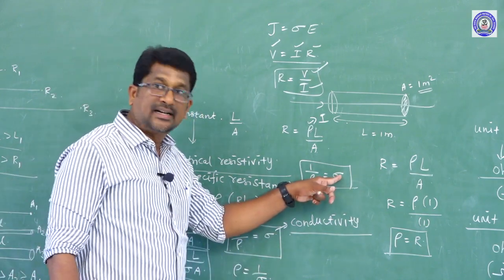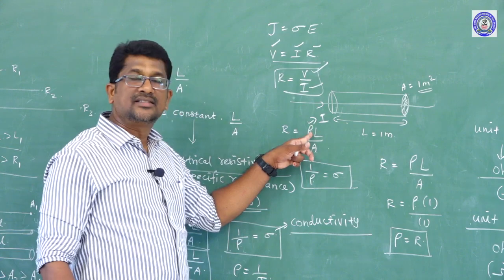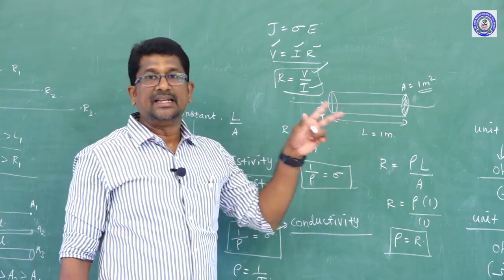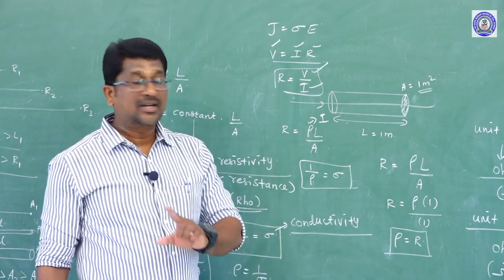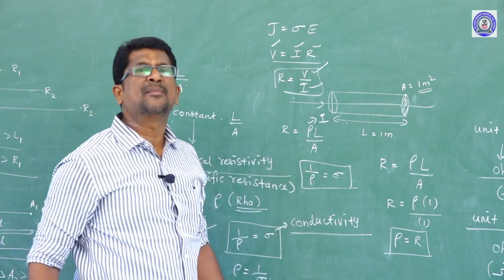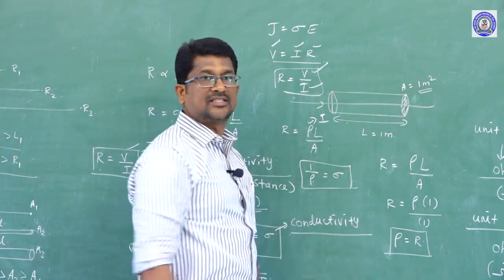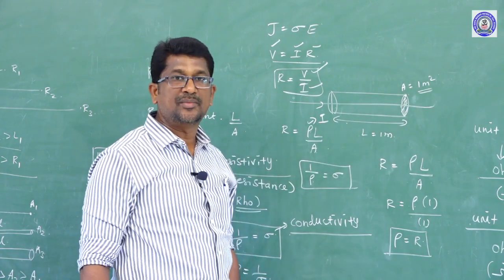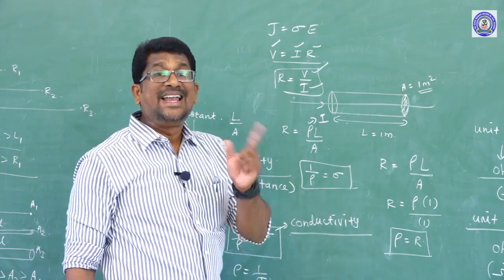Here electrical conductivity and electrical resistivity, these two depend on the nature of the material, but they do not depend on the dimension of the material. Dimension means length and area of cross section. They do not depend on the length of the material and area of cross section of the material. They depend on the nature of the material.